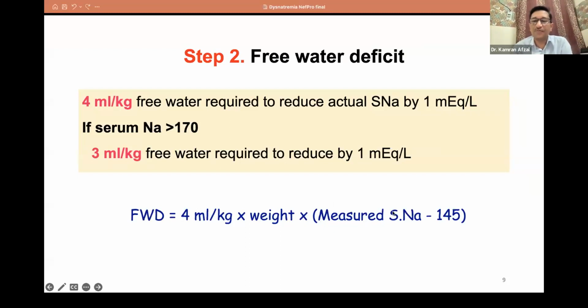So for example, if you have a measured sodium of say 155, then the difference between 155 and 145 is 10. So you multiply 4 into the weight of the patient into 10, and that gives you the amount of free water that you need to replace to get the sodium down.